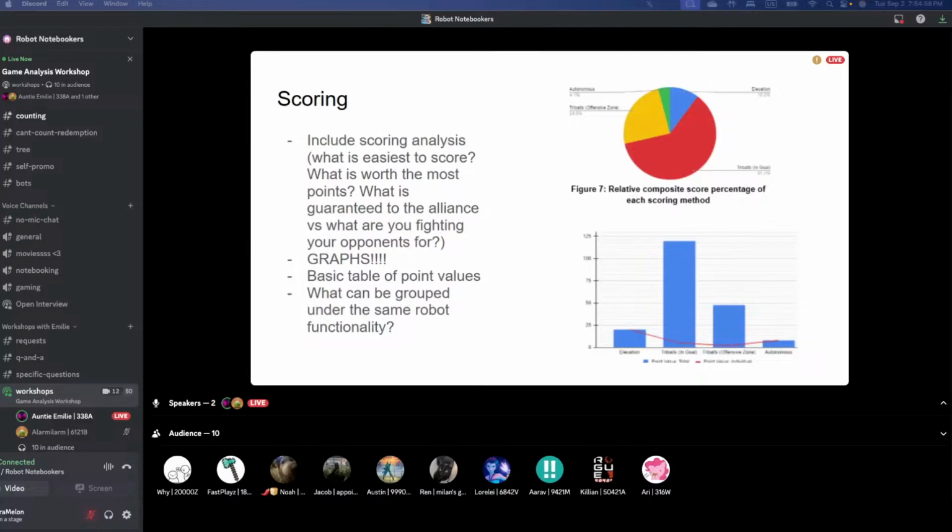Some other options for graphs to make your scoring analysis more dynamic and visual is something like this bottom one I have, which is actually also from Over Under. It's looking at how much each individual objective is worth, and then how much that objective can be worth as a whole. So, for example, one triball in the goal was worth, I think, 5 points.